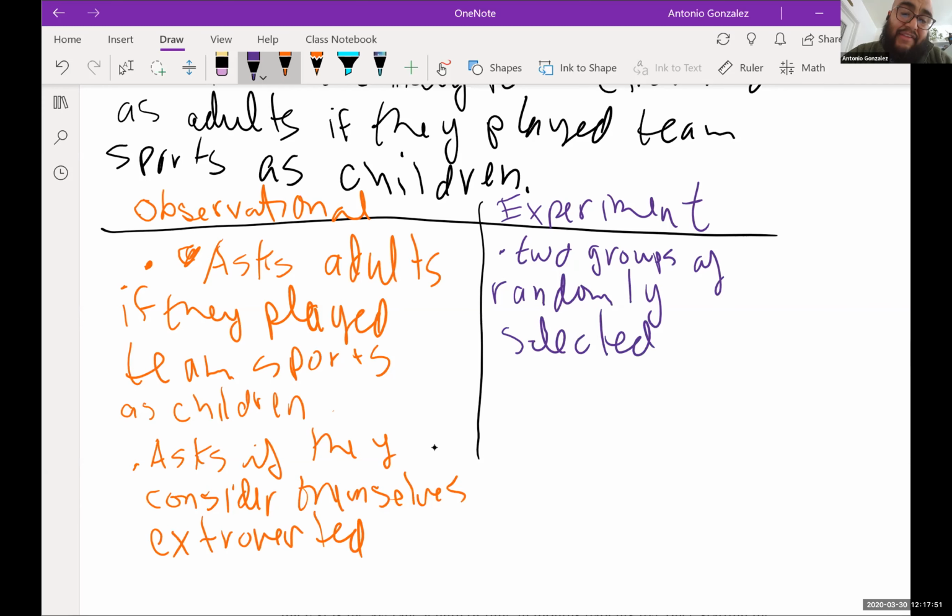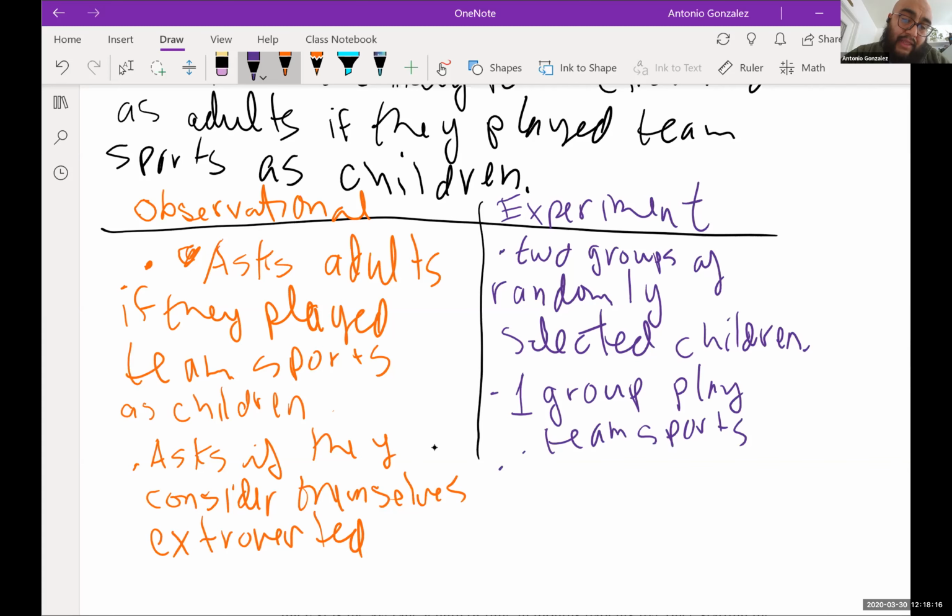Now in this case, since we want to have a controlled experiment, we would have two groups of randomly selected children. All right, and we would make one group play team sports, and then the other group, no team sports.